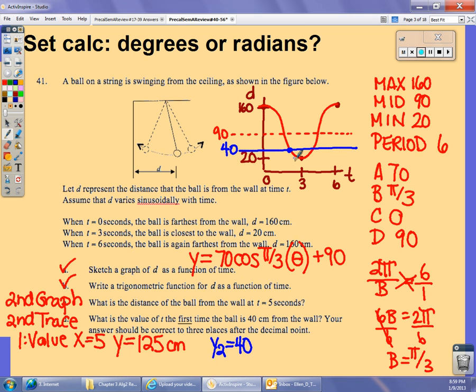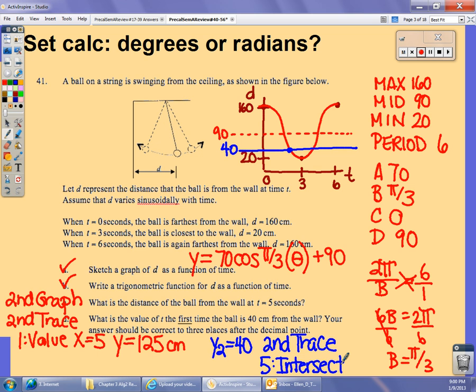The way to find that is to do second trace, number 5, intersect. When the cursor shows up, move the cursor as close to that point of intersection as you can, and then hit enter 3 times.